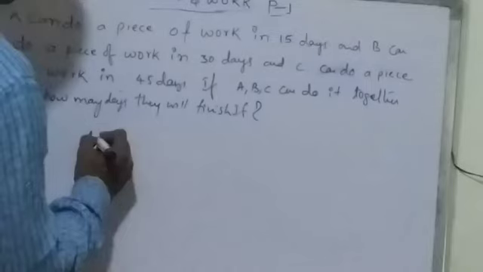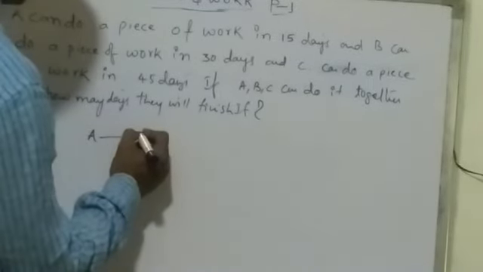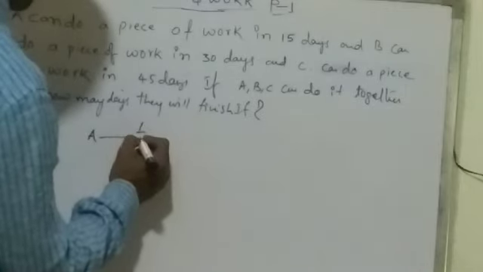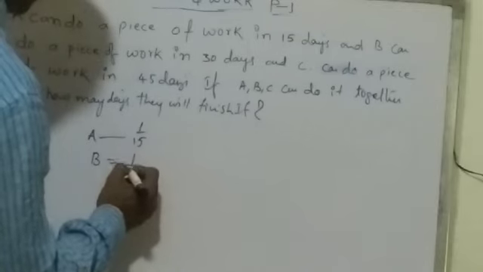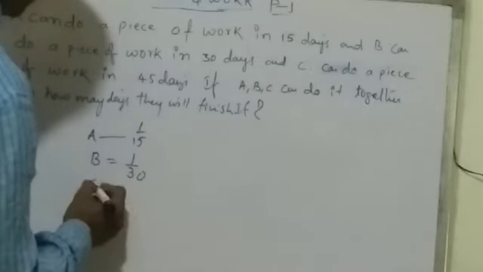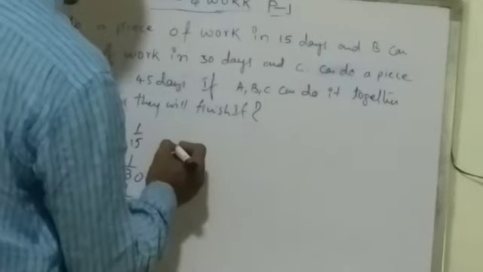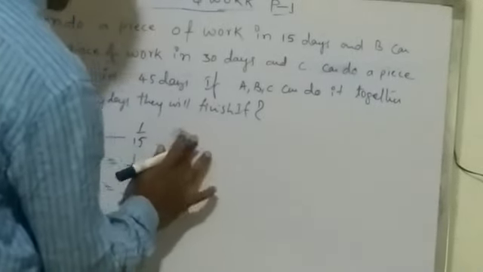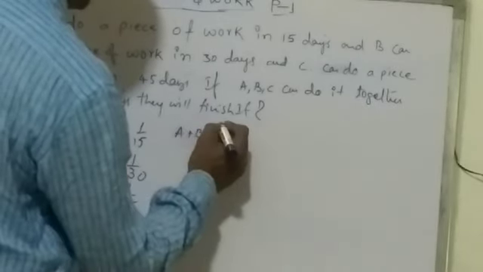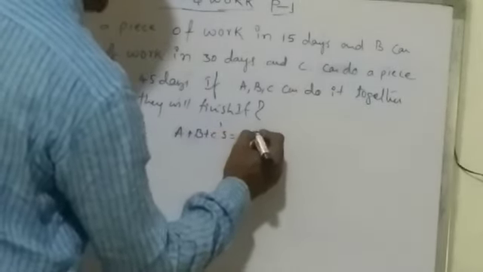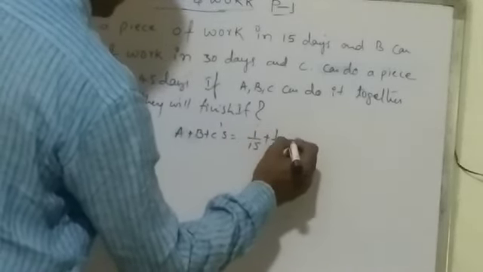A can do a piece of work in 15 days, which means A's 1 day's work will be 1 by 15, B's 1 day's work will be 1 by 30, and C's 1 day's work will be 1 by 45. Taking the LCM, A plus B plus C's 1 day's work will be 1 by 15 plus 1 by 30 plus 1 by 45.